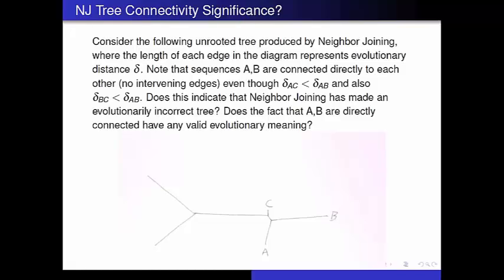So when we take into account this idea that the MRCA could be lots of different places on this tree, you can see evolutionary meaning in the precise connectivity, but it might not be exactly what you thought it was. So, for example, when we look at this set of three sequences, can we say that A branched from B more recently than it did from, say, C?